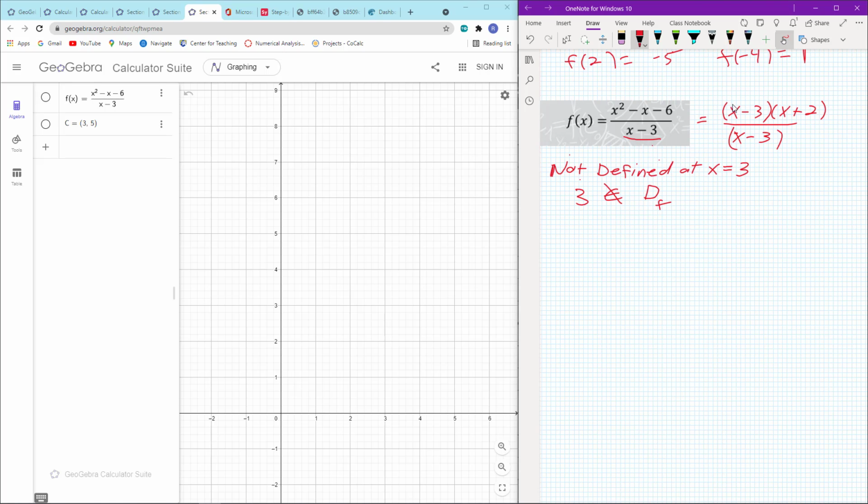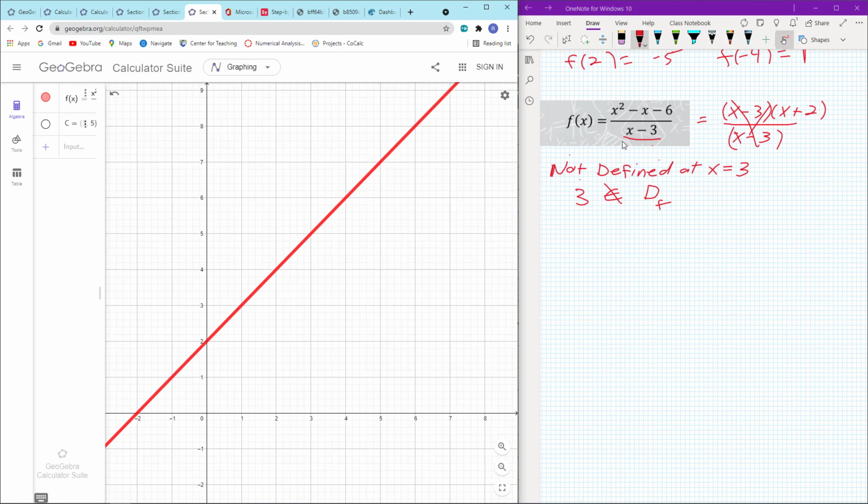With that in mind, we can cancel the common factor, and this reduces to x + 2. As a consequence, the graph is basically a line with y-intercept of 2 and a slope of 1. And here it is. However, since this function is not defined at 3, because x - 3 produces a 0 in the denominator, we have to exclude the point at x equals 3, or (3, 5).